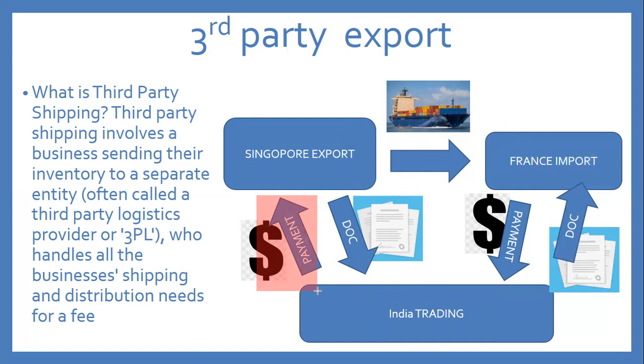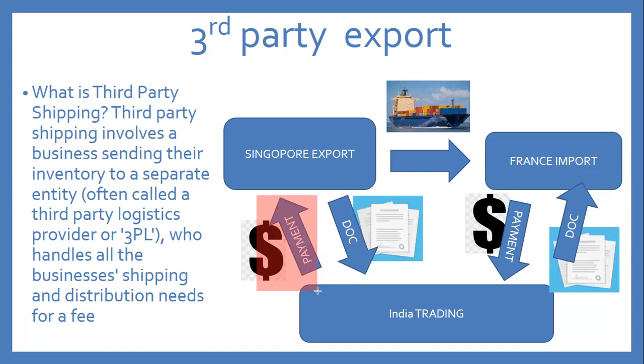Now we have to make payment in respect of the documents. What is the next step? Now we receive the original documents. With these documents, we can send them to France and get money, because the France importer will not be able to get the shipment from the shipping line without documents.